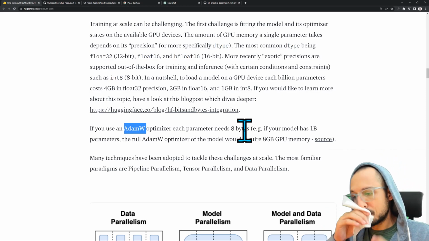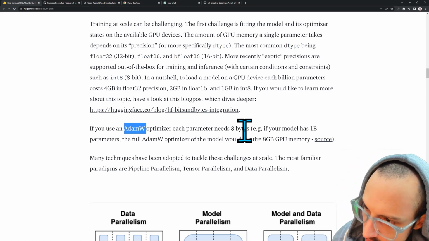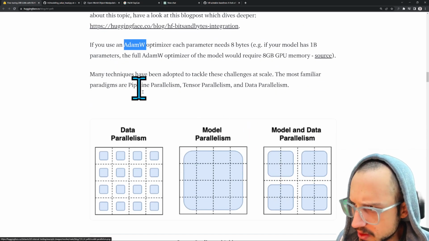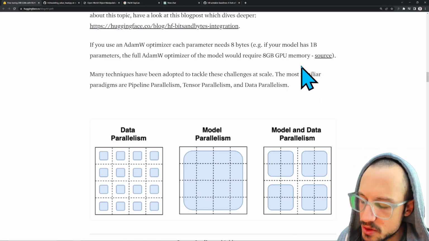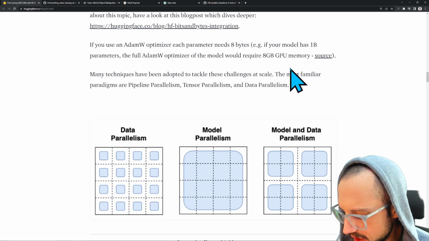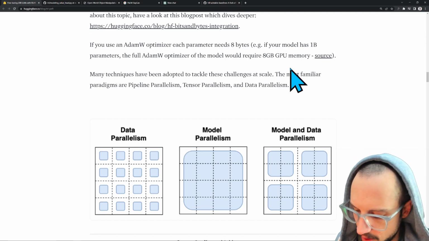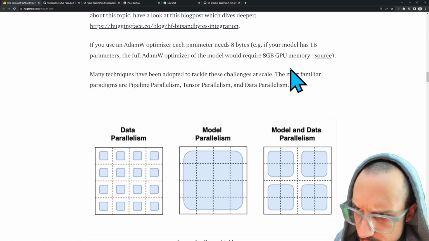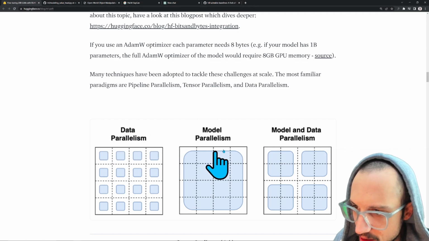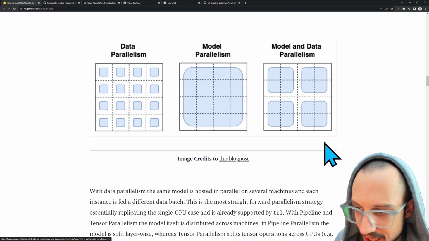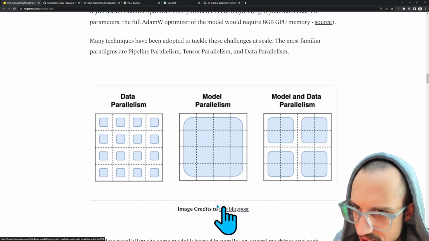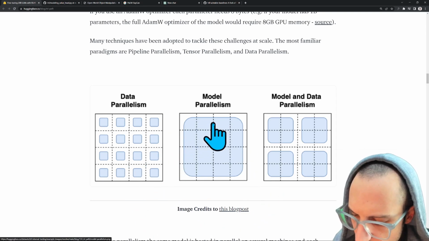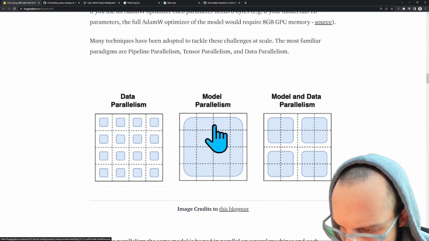All right, so this is a little bit of machine learning scaling here, but whenever people do model training in a parallel way, there are a lot of different types of parallelism, right? You can have data parallelism, model and data parallelism. So at a high level, what these refer to is that you have the data that you're training your model on.